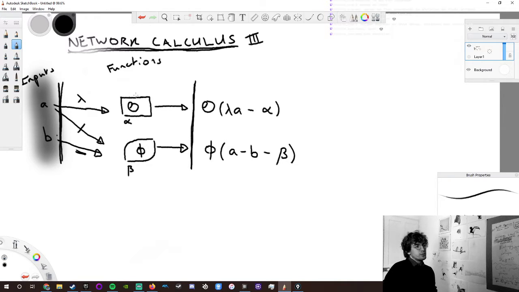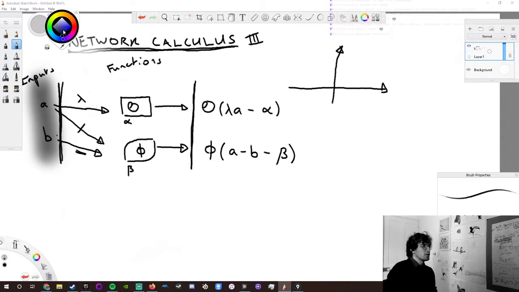So right now we've assumed that these functions are a single monotonic function. That might be something like the swish, which is sigma.